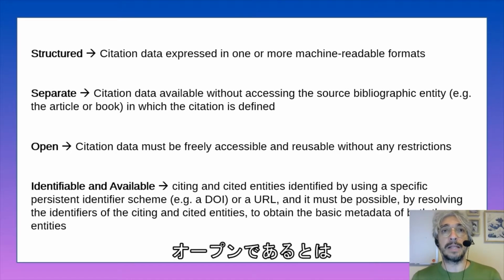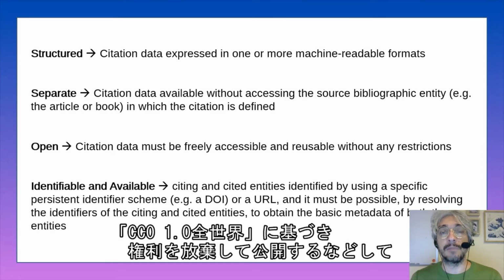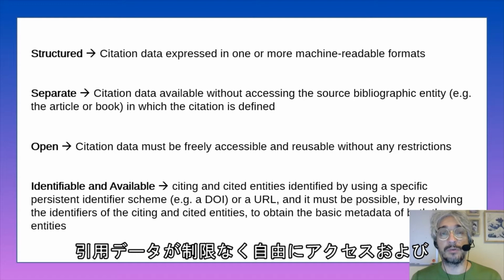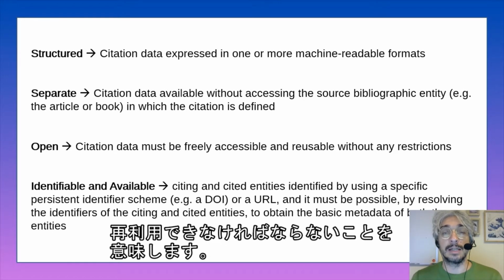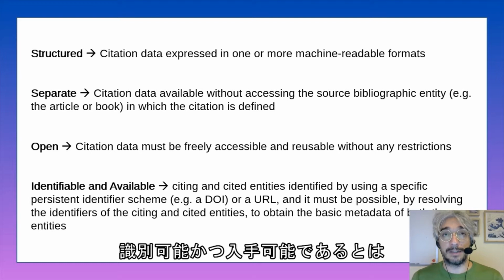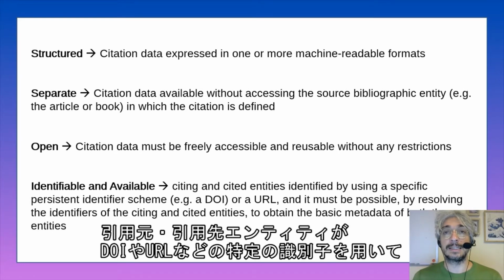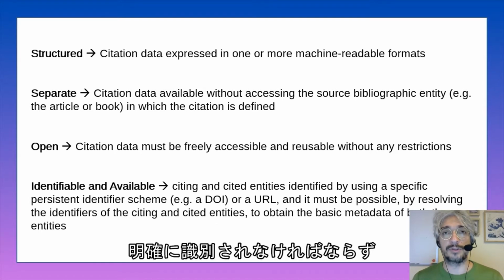Open means that citation data must be freely accessible and reusable without restriction, for example, by publication under CC0 Universal Waiver. Identifiable and available means that the citing and cited entities must be clearly identified by using specific identifier schemes, such as DOI or a URL.